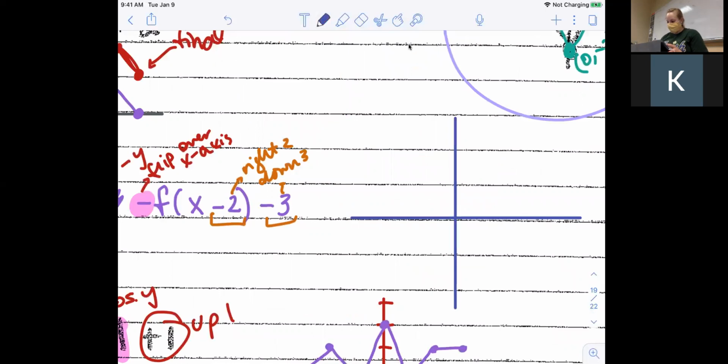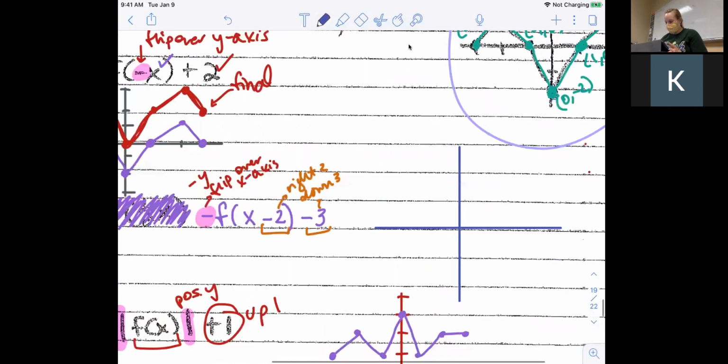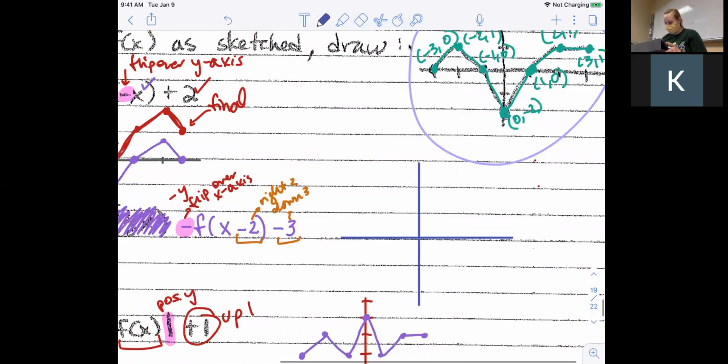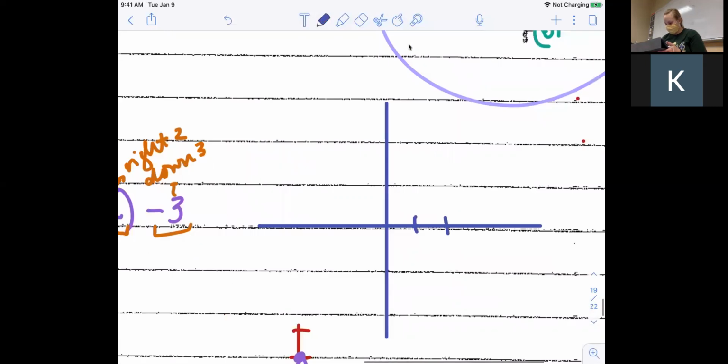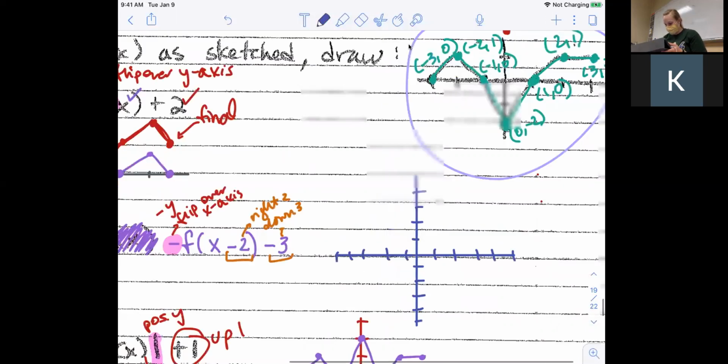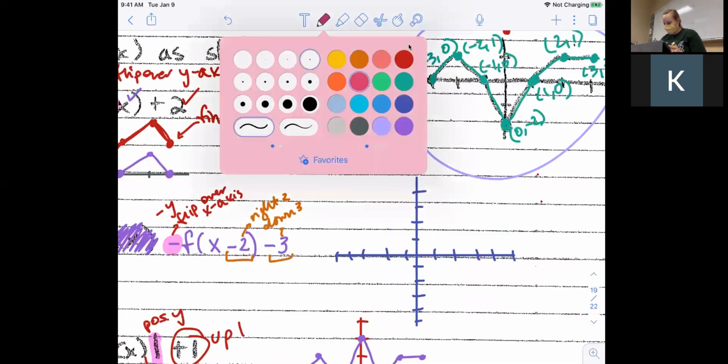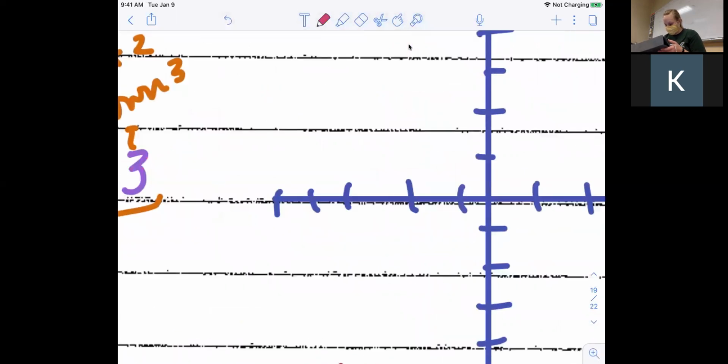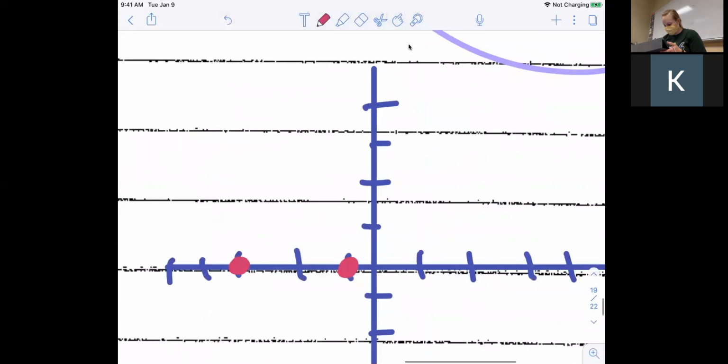Okay, so flip all of them across the x-axis. All my ones on the axis are good. So negative 3, 0 is cool. Negative 1, 0 is cool. 1, 0 is cool.